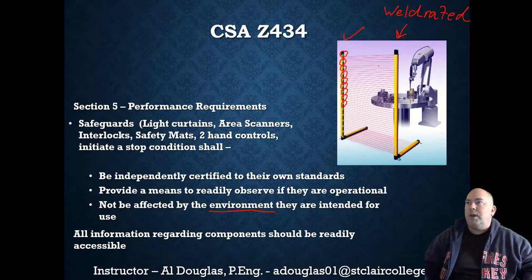That means that the electromagnetic fields generated by welding will not interfere or damage the light curtains. Okay, if you're using this in a washdown area, these must be devices that are capable of a washdown environment, that they're not going to fail if they get sprayed by water or whatever. Okay, they must conform to whatever environment they're being used in.